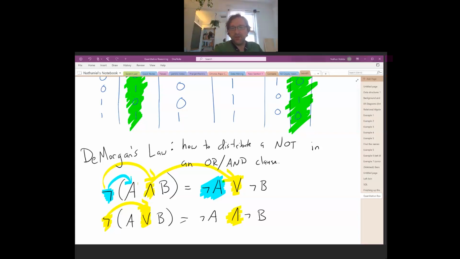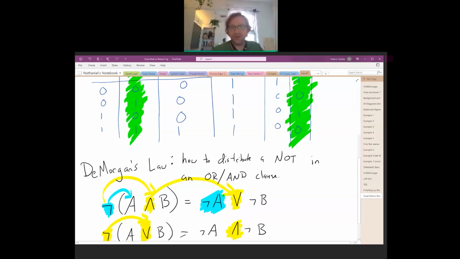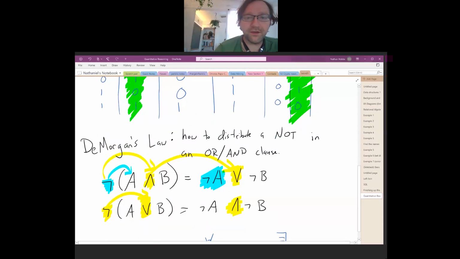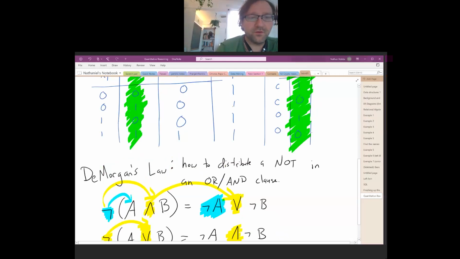That might make a good exercise. I'll leave this as an exercise for you. You can construct a truth table and show that this is true. I'll get you started.